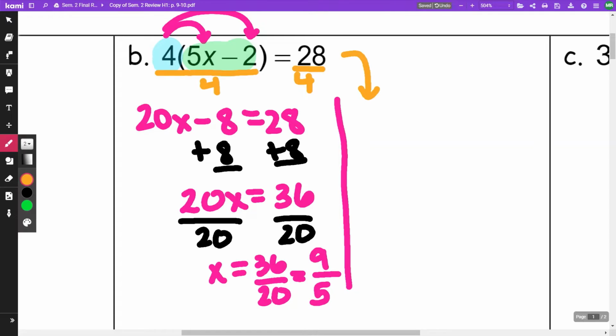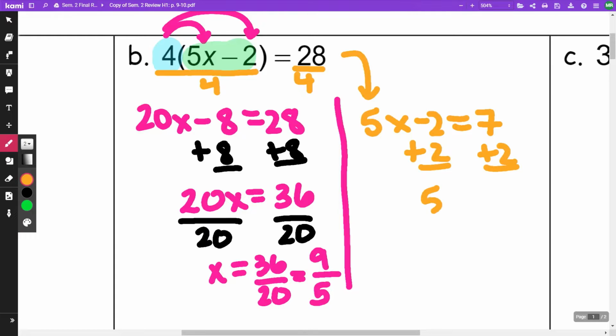If it didn't go into the 28, I definitely would distribute like we did as the first method. And so when I divide by 4, I'm going to get 5x minus 2 is equal to 7. I am going to add 2 to both sides. I am going to get 5x is equal to 9. I divide by the 5 and I get 9/5. And you see I got the same answer both ways.